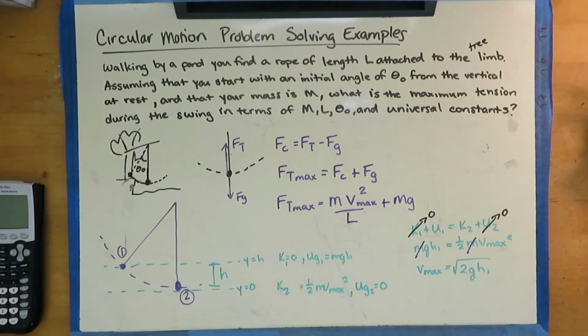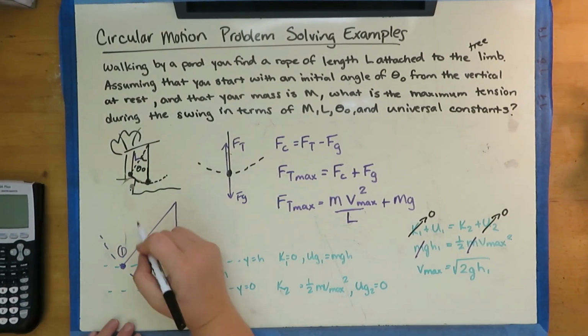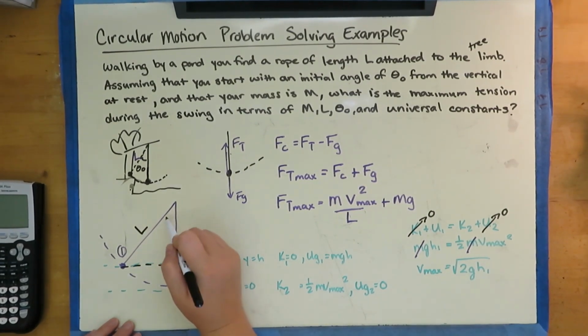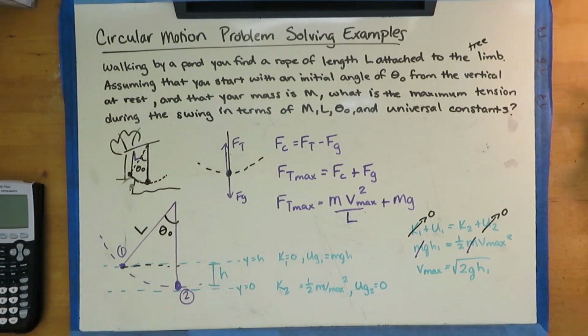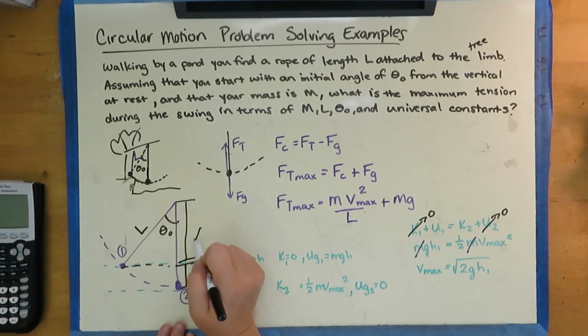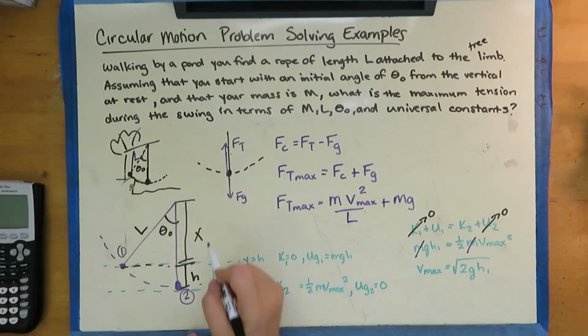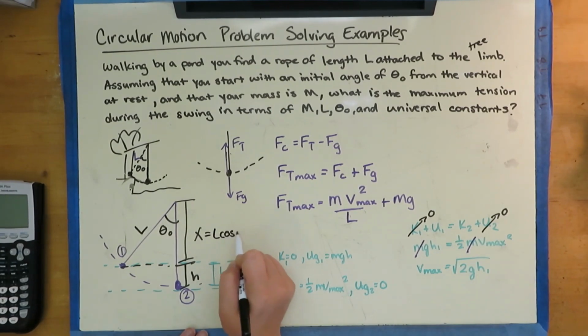Oh, we've done this before with pendulums. So remember that we have the length of the string L here. I know my initial angle theta 0. h is this portion right here. If I call this x, then remember that if I have this triangle, x is going to be L cosine of theta 0.